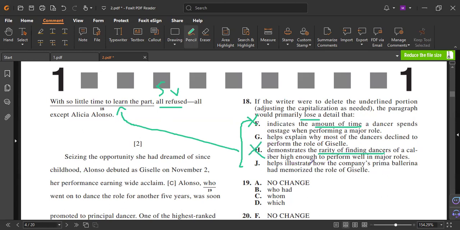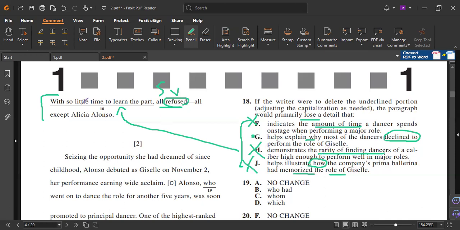Does it illustrate how? Take the words how, when, where, why, the questions. Does it tell you how the prima ballerina had memorized the role? It's not related to this at all. Yes, very good job. Out of mention. Why is D correct? Because it explains why most of the dancers declined, which means refused, to perform the role.